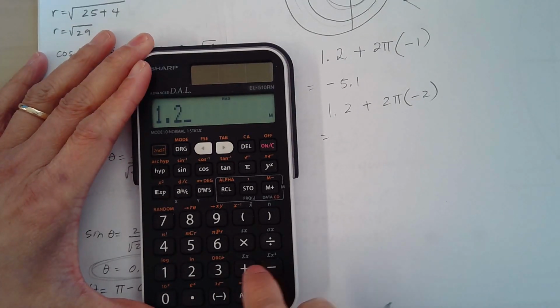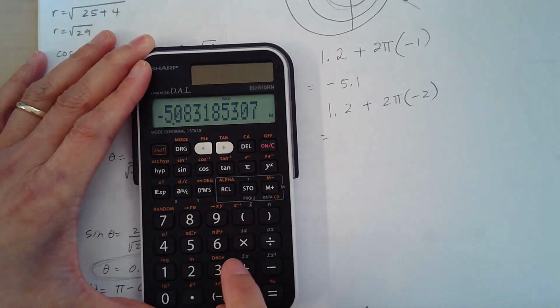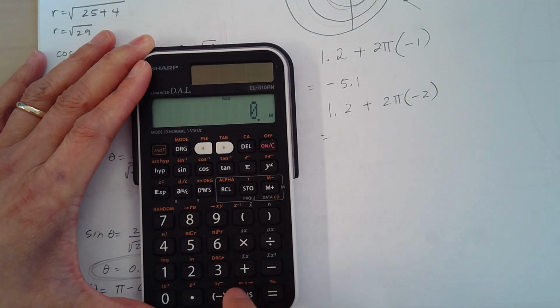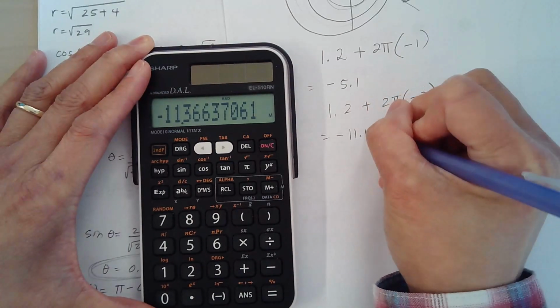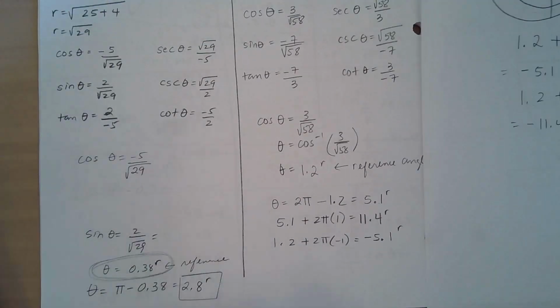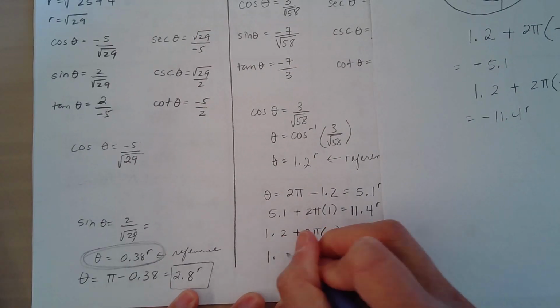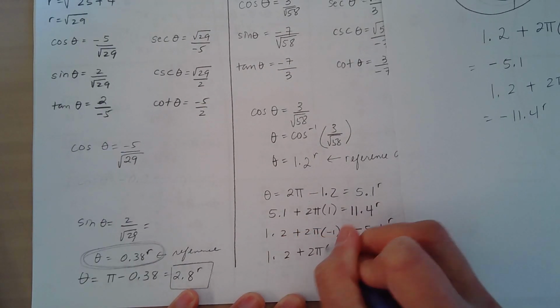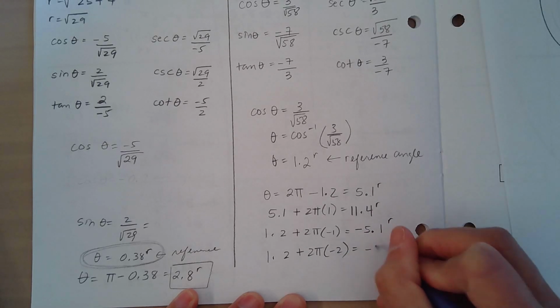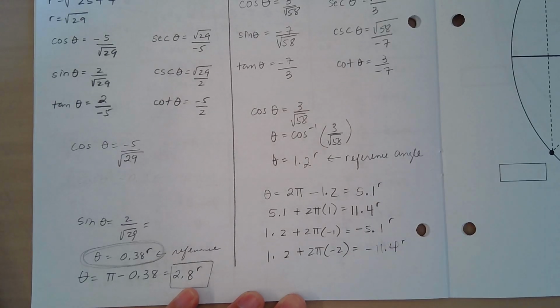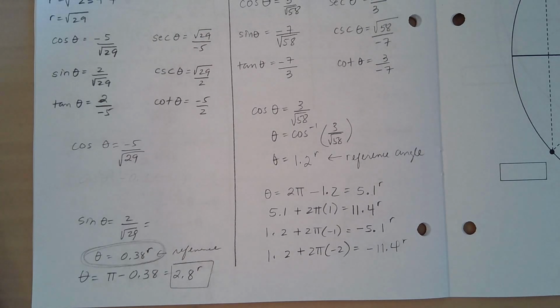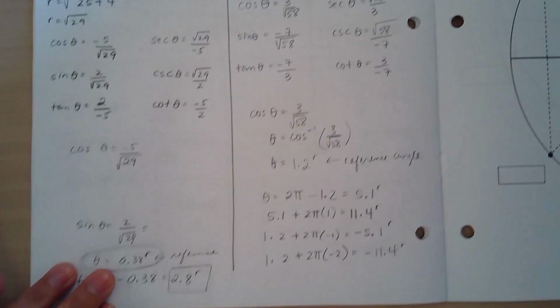1.2 plus 2 pi times negative 2, rather, is going to give us negative 11.4 radians. So we have four solutions for theta.